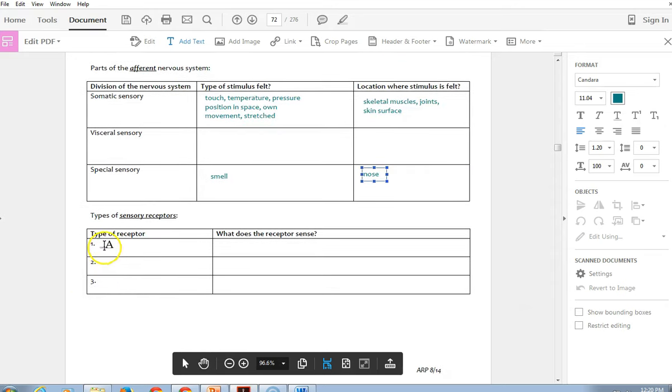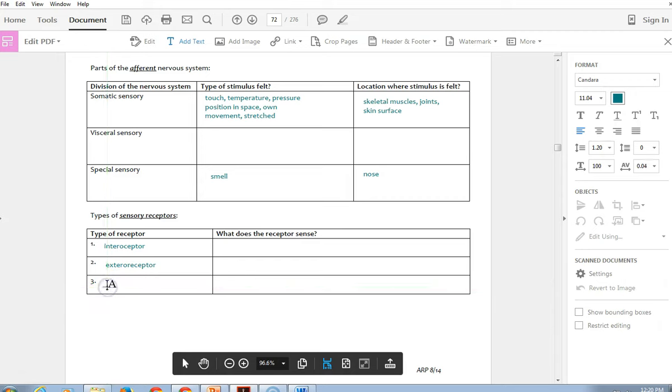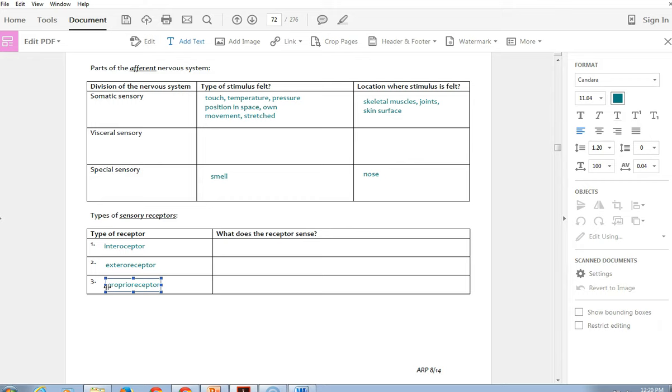And so there are going to be 3 types of receptors: interoreceptor, exteroreceptor, and proprioreceptor.